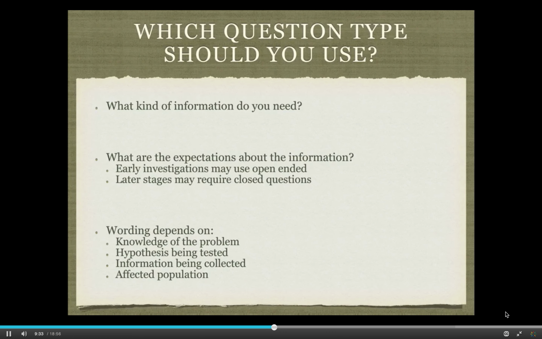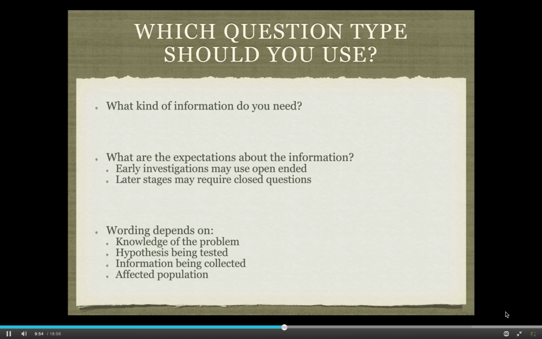So which question type should be used? It depends on what type of information you need. So again, you're choosing your question type based on the kind of information that you would like to ascertain. What are the expectations about the information? If it is early investigation, you may use some open-ended questions.